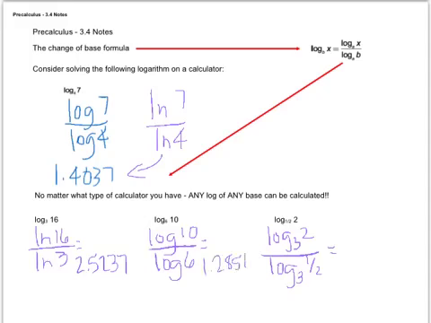And then that last guy, log base 3 of 2 divided by log base 3 of 1/2 is -1. So that's all there is to it. These guys aren't bad, but it's super handy to be able to know how this change of base formula works.